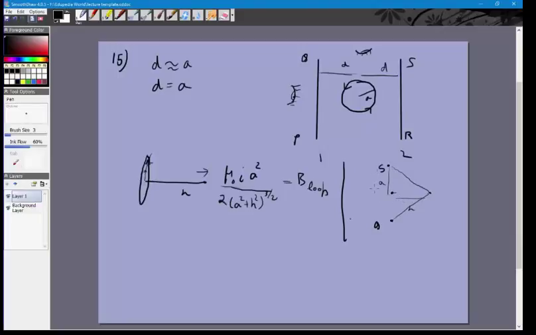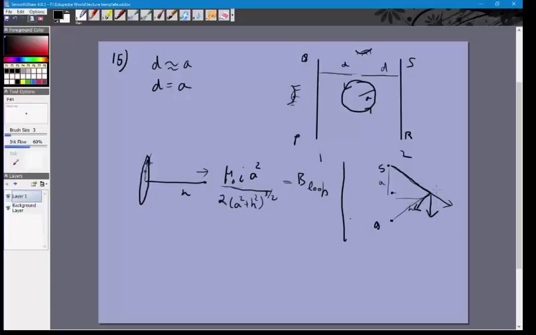So if both of them have a magnetic field in the same direction, let's say going into the plane, then the magnetic field due to this one will be like this, perpendicular to the line, due to S, and due to Q, if it's also going into the plane, will be like this, and the sum of them will be like this.